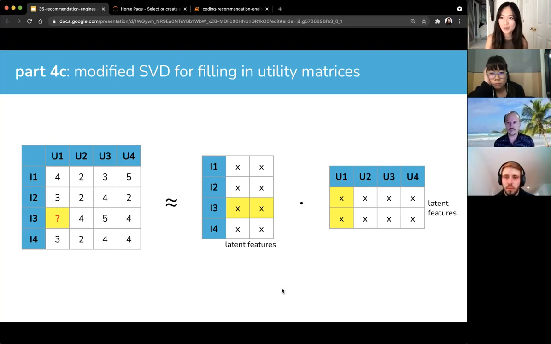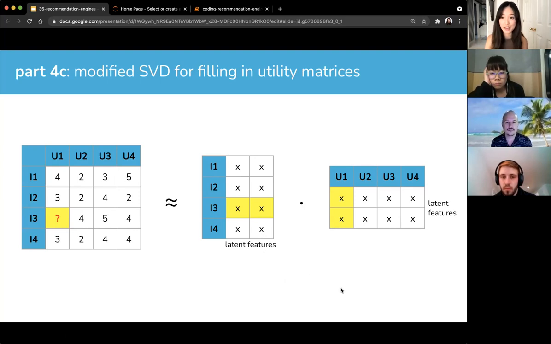Latent features, which is something that should sound familiar from PCA. So they're all related. These latent features you can think of as PCA features of each item and each user. Basically each item is going to be represented by two random numbers that are sort of like a PCA representation of whatever they are.